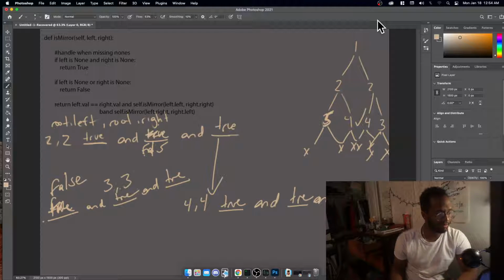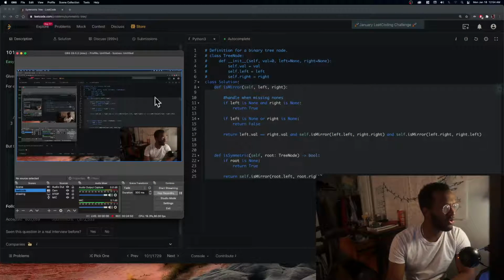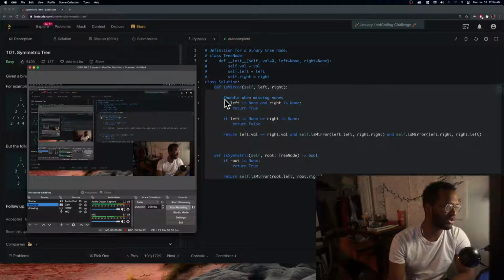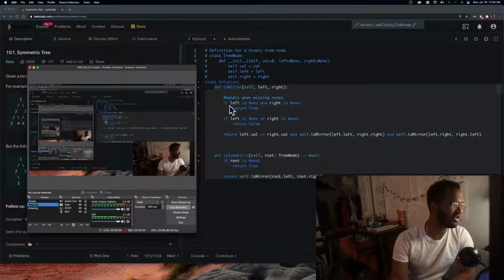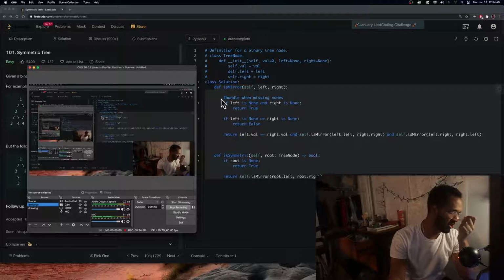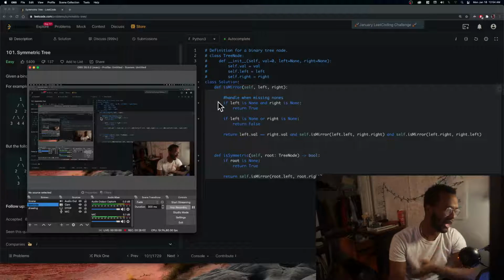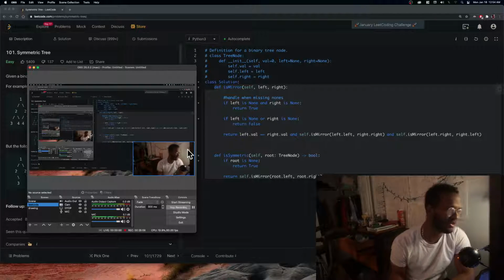Now, what's the space complexity, right? If we take a look back at the algorithm, we're not literally declaring any variables to use, right? And so you might think, well, this is constant space or something like that, right? Well, the thing is, we're not paying any literal space in allocating memory for variables or data structures or anything like that. What you're paying for in memory here is stack frames, right?